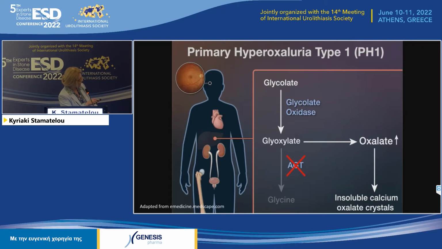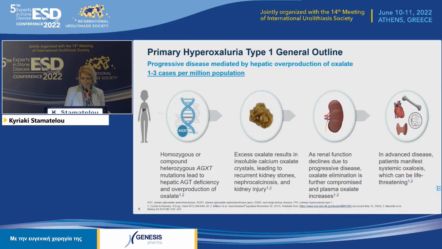Glyoxylate accumulates because it cannot be metabolized to glycine, and then glyoxylate is metabolized to oxalate. So we have a rise of oxalate in the plasma and in the urine, resulting in insoluble calcium oxalate crystals in the kidneys.